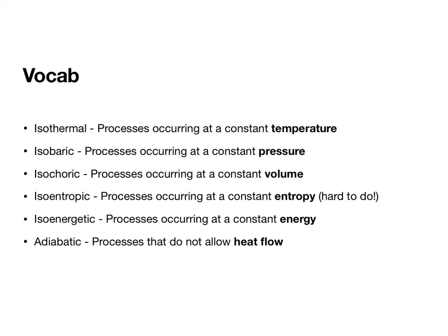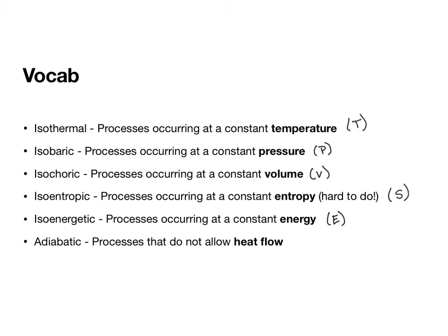Okay, so here we go. Vocabulary. Isothermal systems are constant T, temperature. Isobaric systems are constant pressure. Isochoric are constant volume. Isoentropic, constant entropy. Isoenergetic, constant energy.